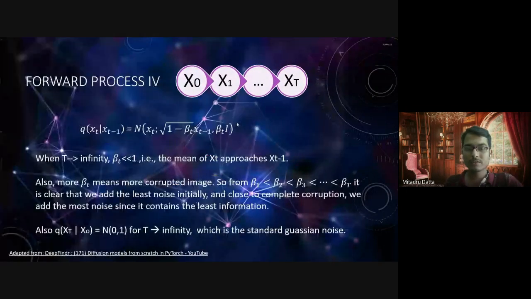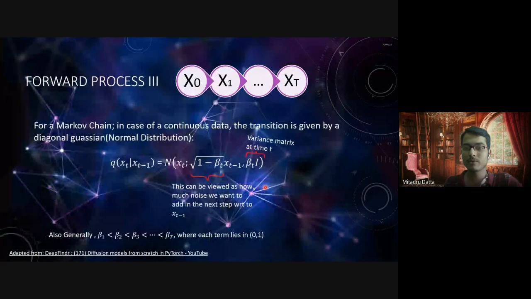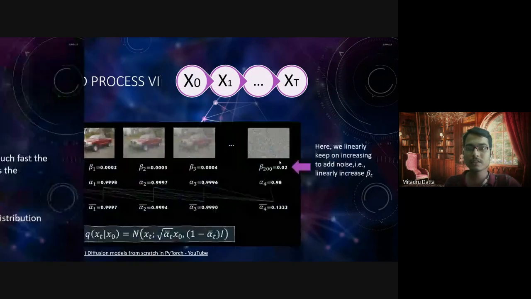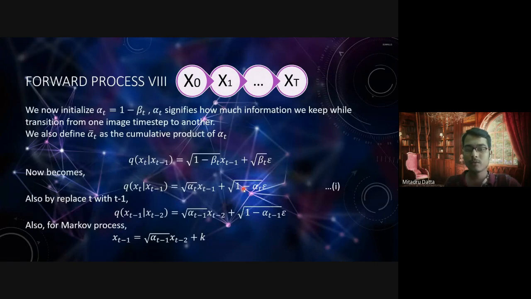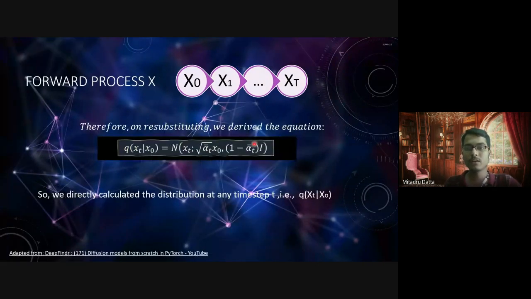We had also seen what this beta means. This beta can be viewed as how much noise we want to be added in the next step with respect to t minus 1. I explained the forward process, and I also explained how in one step we can calculate it. We had this parameterization trick for a normal random variable, and we can simply get to the final noisy image at any given timestamp t using this formula.